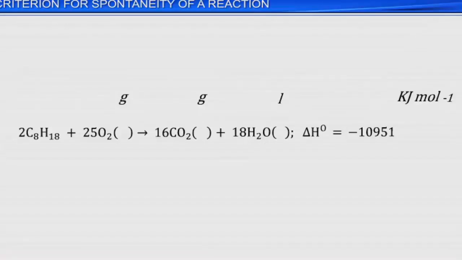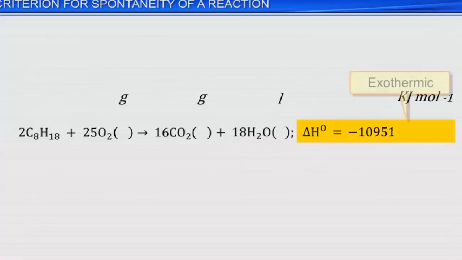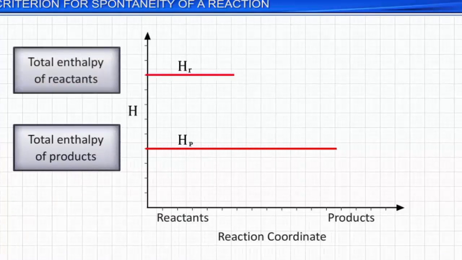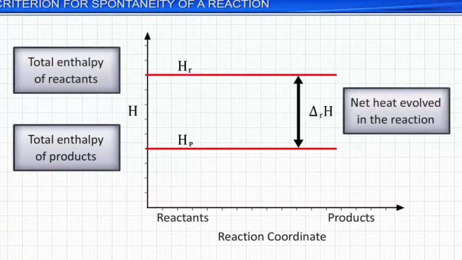When octane burns spontaneously in oxygen, it gives carbon dioxide and water. Heat is evolved. Hence, the reaction is exothermic. The reaction can be illustrated as shown here. As seen in the diagram, the reaction is accompanied by evolution of heat.